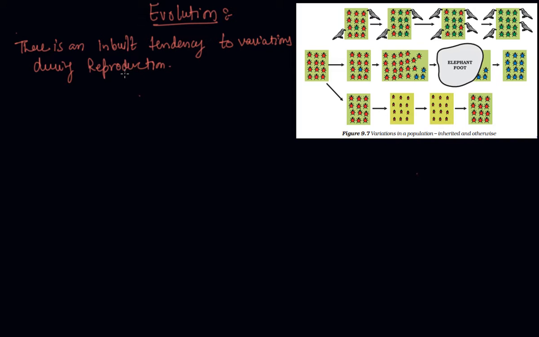But because of errors in DNA copying, and as a result of sexual reproduction, that is why there are variations.